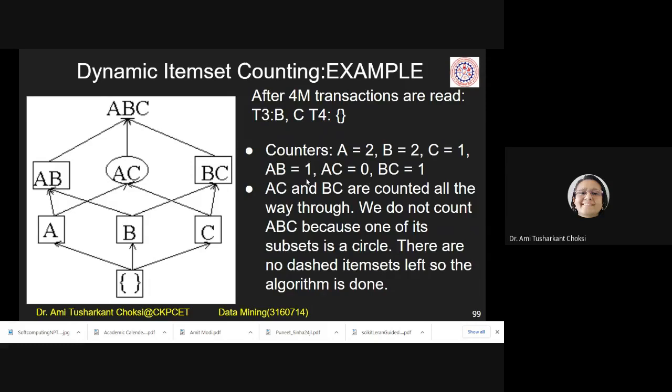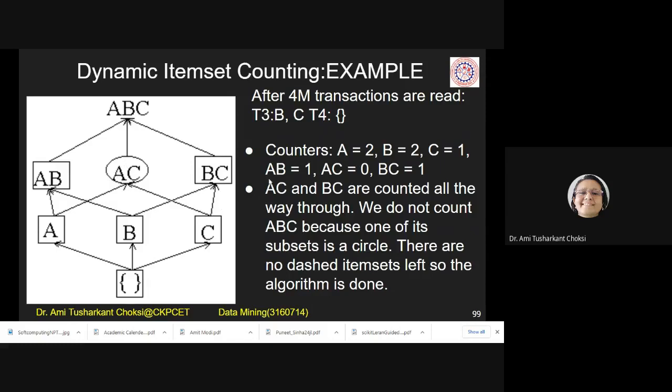AB is equal to 1, which is greater than or equal to minimum support. BC is equal to 1, also greater than or equal to minimum support. So for BC and AB, we will mark them as solid box. What about AC? AC is equal to 0, less than minimum support. That means it is confirmed infrequent, so we'll mark it as solid circle.